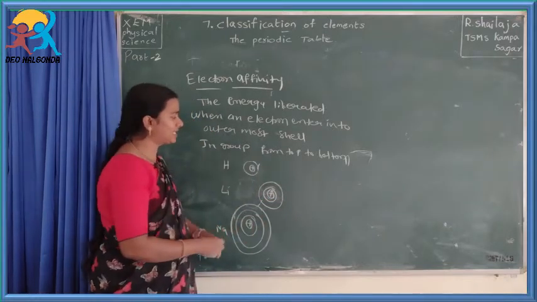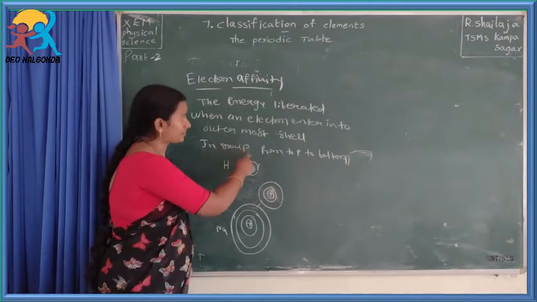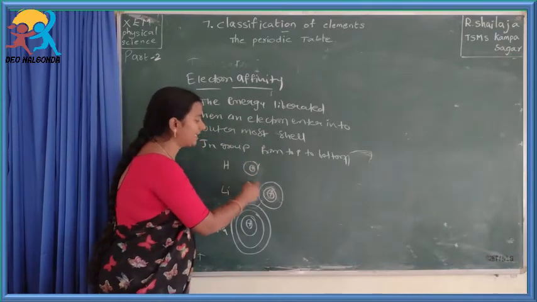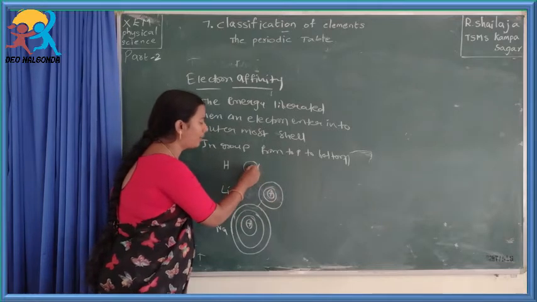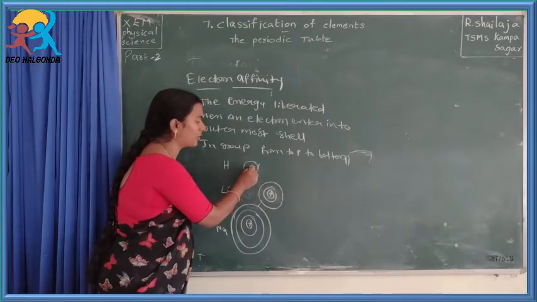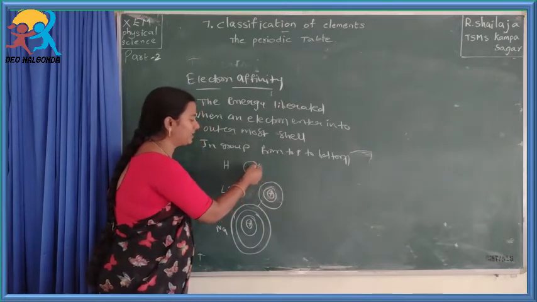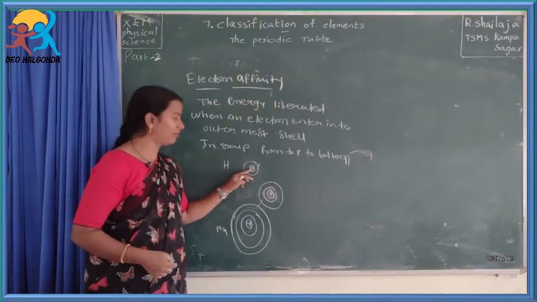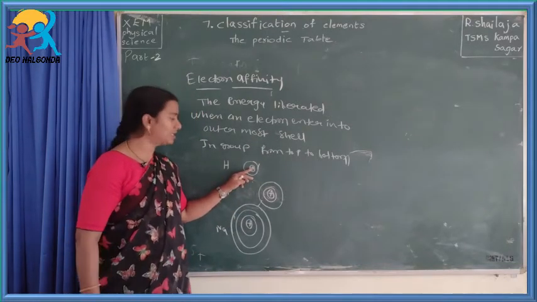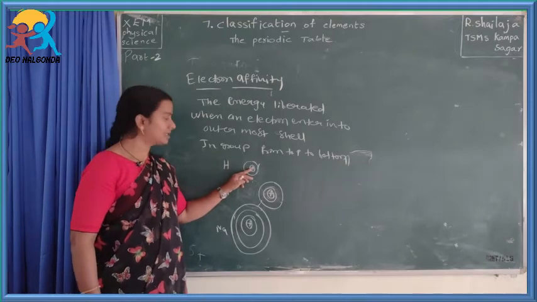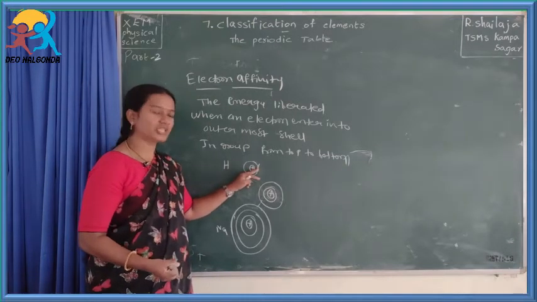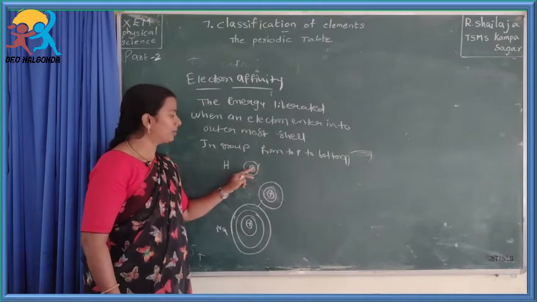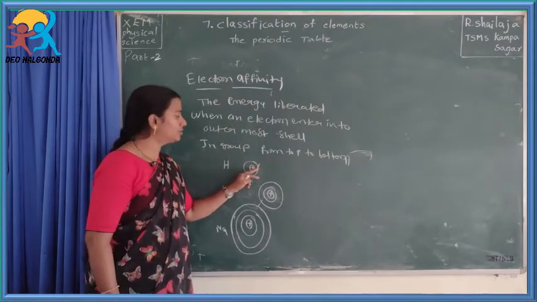From top to bottom, shells increase, which means the electron is added more easily into the shell which is near the protons. Why? Because protons are positively charged and are in the nucleus. These protons attract the electrons in the outermost shell which is close to the nucleus.